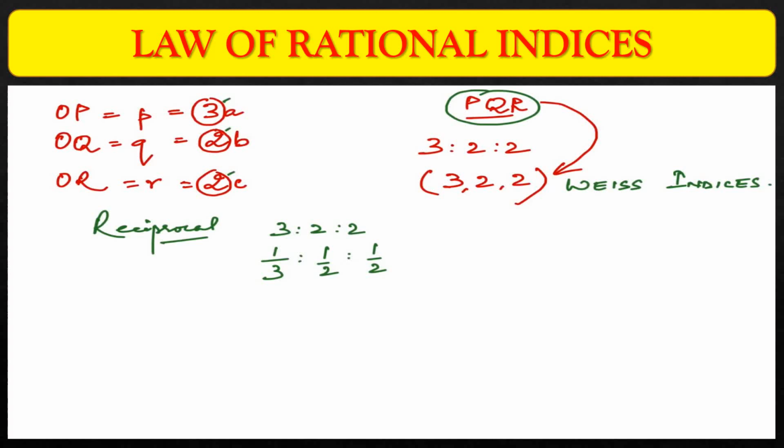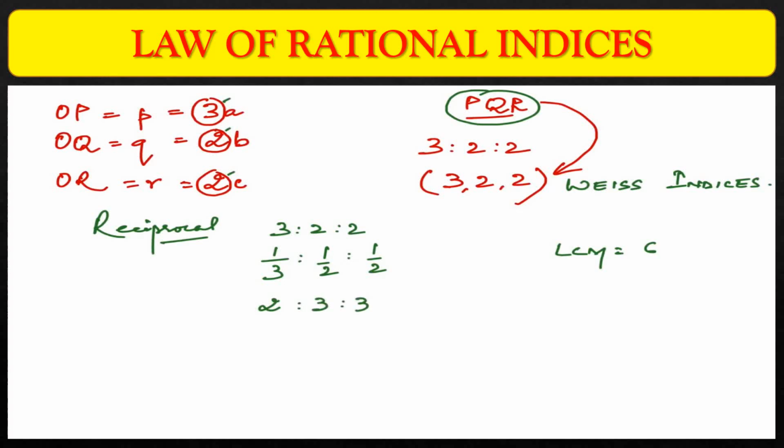Now because the denominators are different, we take the LCM of the denominators here, 3, 2, 2. So the LCM of 3, 2, 2 will be 6. So we multiply all the coefficients by this LCM 6. What do we get? We get 2:3:3.